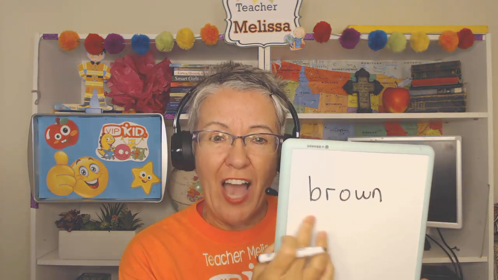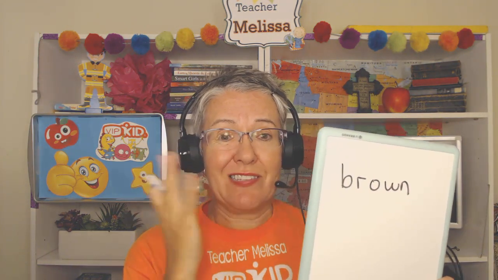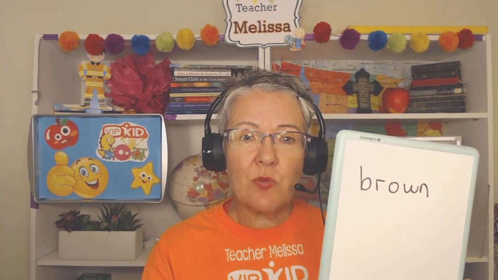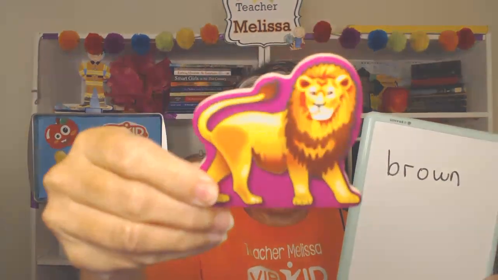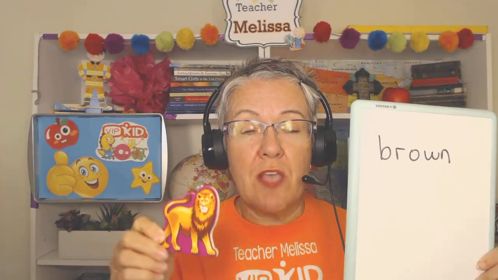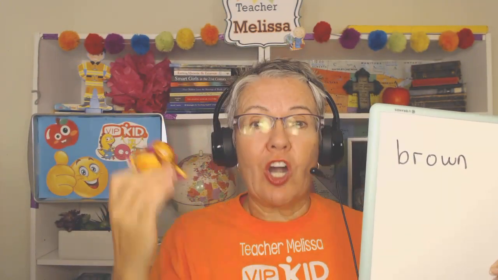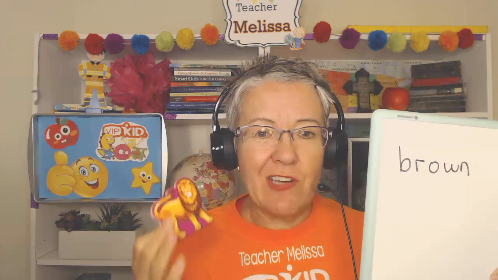Now, what if the R sound is in a blend? That can be very difficult for students as well. Like the word brown, where you've got a blend there and you've got so much going on. That's when I use my lion, and the lion roars. And I roar in the word. I don't just say, "It's like a lion, roar."